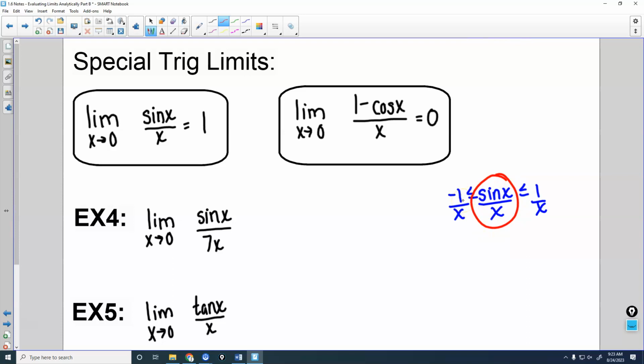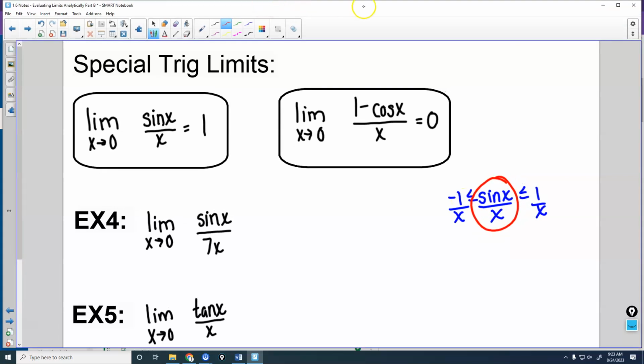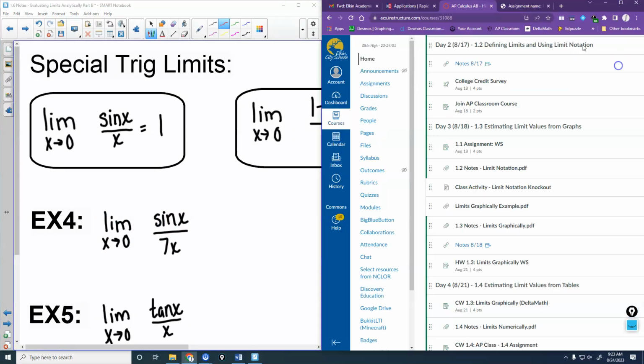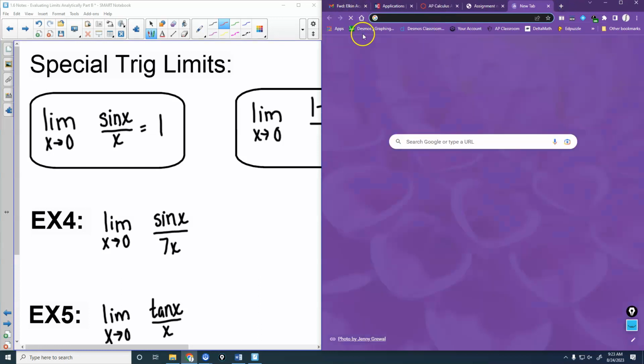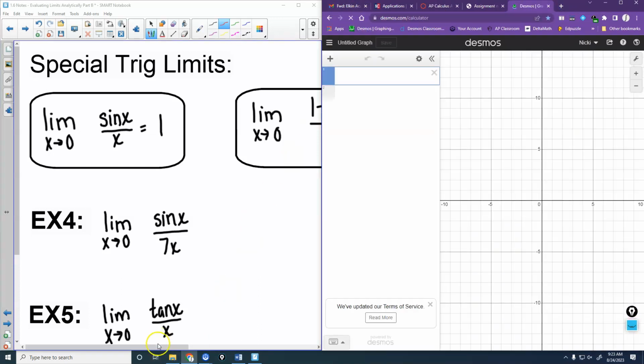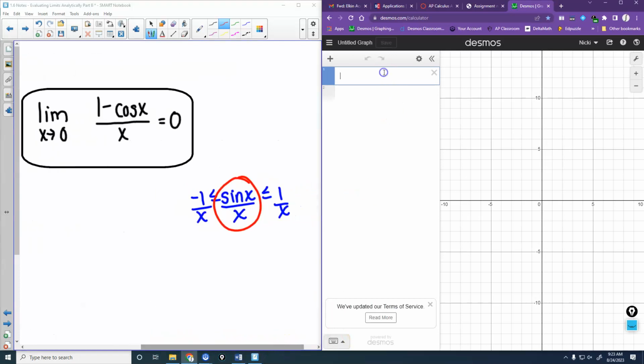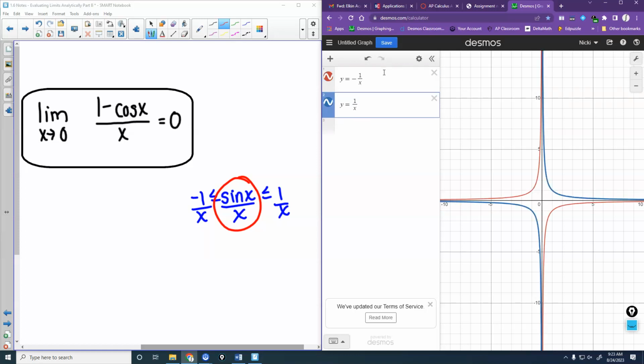Right? But let's go over here and let's pull up Desmos because it's most helpful here. And let's graph this. Okay, I'm going to graph y equals -1 over x. I'm going to graph y equals +1 over x. Now I'm doing this wrong. What have I got to do?